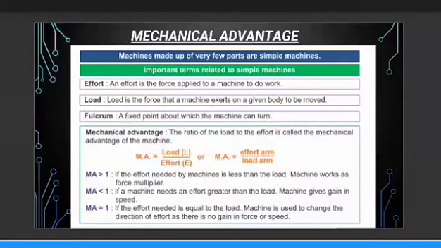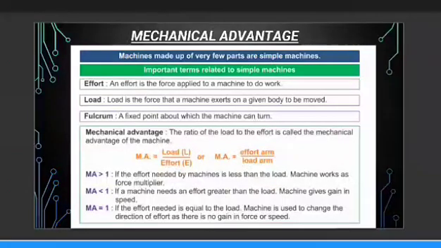Cross multiply, you will get load is twice the effort, or effort is half of load. If the load is 100 kg, then the effort you have to apply is half of that, that is 50. So even a small kid can do it. So if MA is greater than 1, it is a force multiplier.